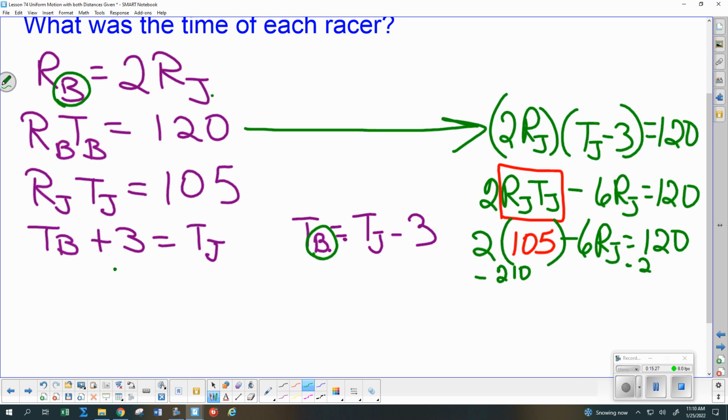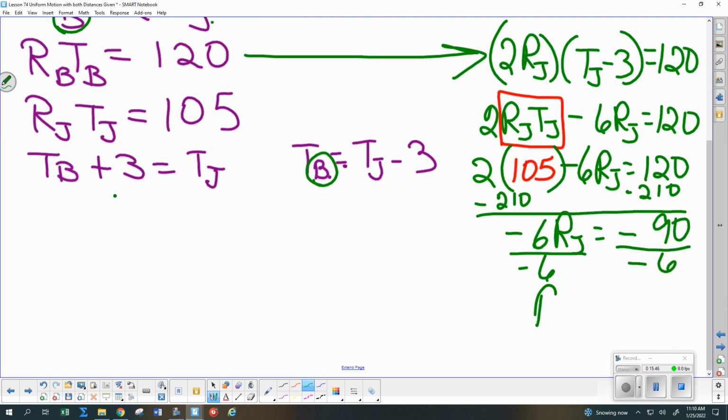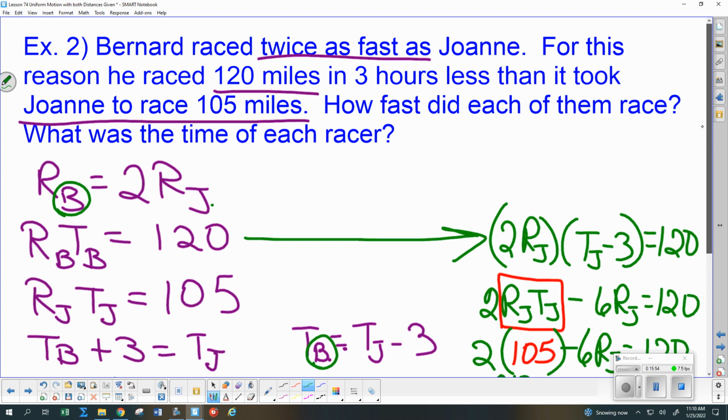So if I subtract 210 from both sides, I still have the minus 6RJ. What am I going to get when I subtract? Negative how much? So negative 90. Divide both sides by the negative 6, so RJ will be positive, which is what we want. And who can tell me positive what? So everybody, I'm hearing 15, and let's check where our unit's still miles per hour.